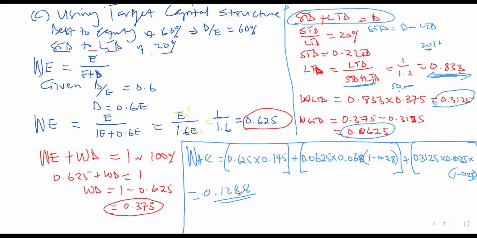So comparing the three WACCs, what do you think is accounting for the difference? The question says, what is the difference between the WACCs, and which is the correct WACC to use for project evaluation? The difference between the WACCs is a result of the weights.